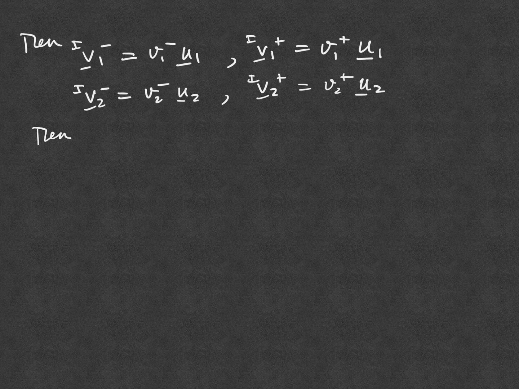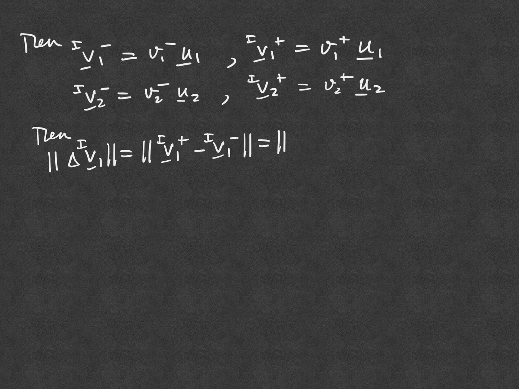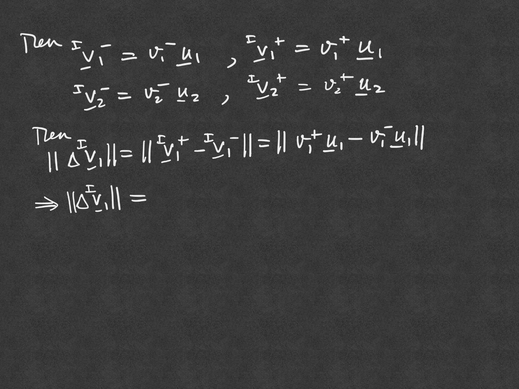So then, the magnitude of delta v1 I is equal to the magnitude of v1 plus I minus v1 minus I, which is equal to the magnitude of v1 plus times u1 minus v1 minus times u1. But that implies that the magnitude of delta v1 I is equal to the absolute value of v1 plus minus v1 minus, because it's multiplied by the magnitude of u1, but that's just 1 because u1 is a unit vector.